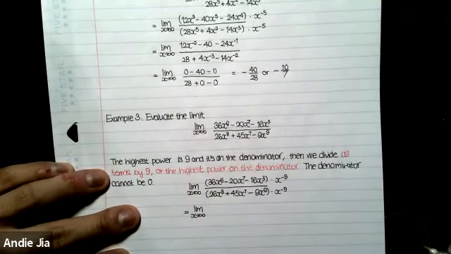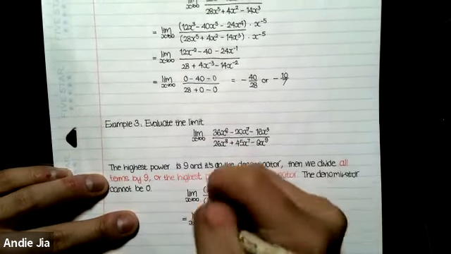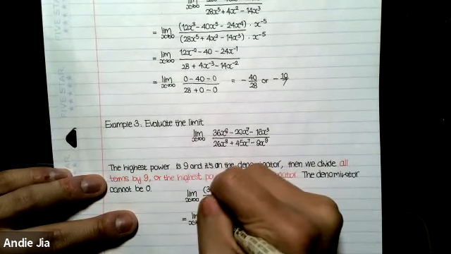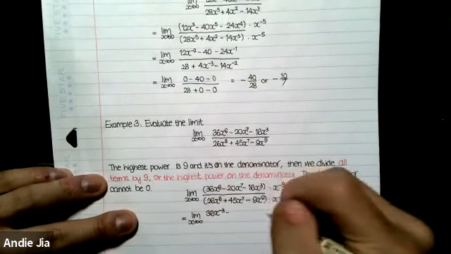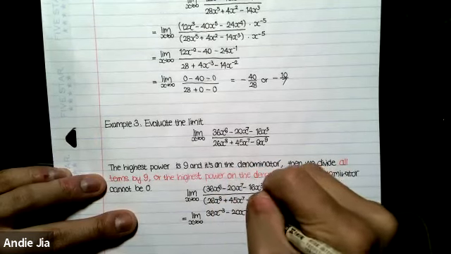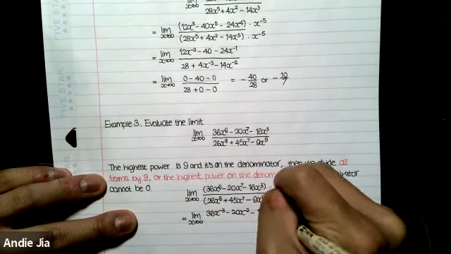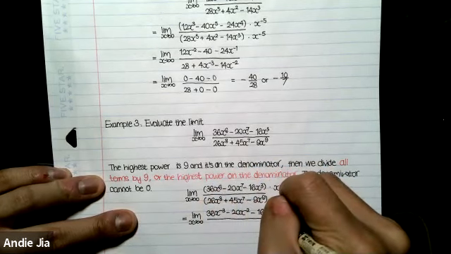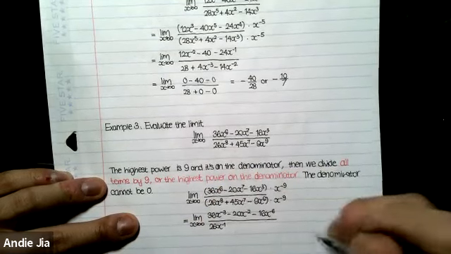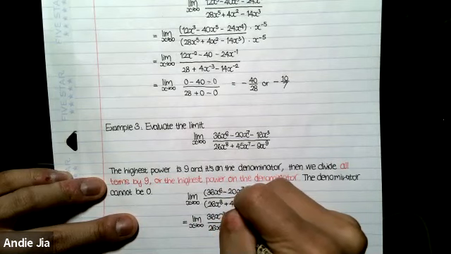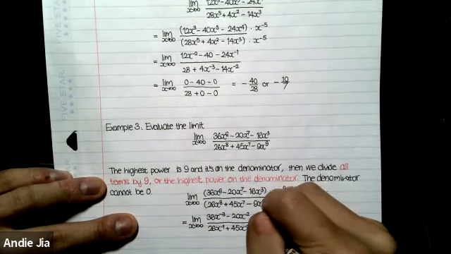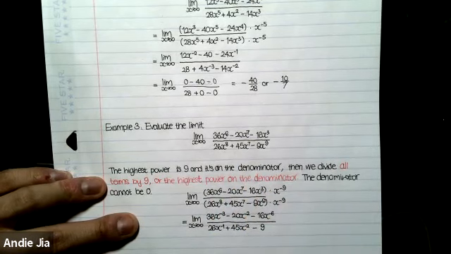As x approaches infinity, what we have is 36x to the negative 3 minus 20x to the negative 2 minus 16x to the negative 6, over 26x to the negative 1, plus 45x to the negative 2, and minus 9.